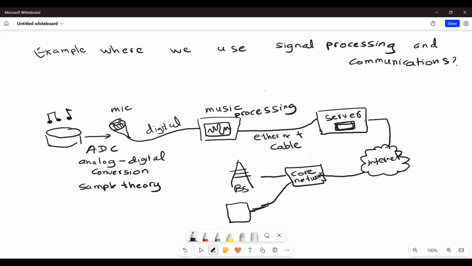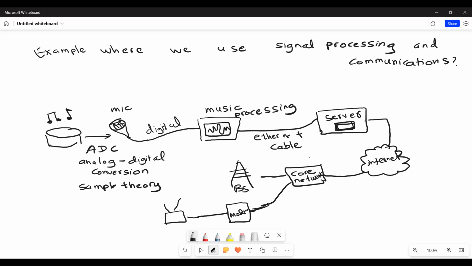The homes or residential places will receive the data, and it will be received and demodulated using a modem, right? We can use a modem to demodulate the signal received, and that signal will be connected to a Wi-Fi router.